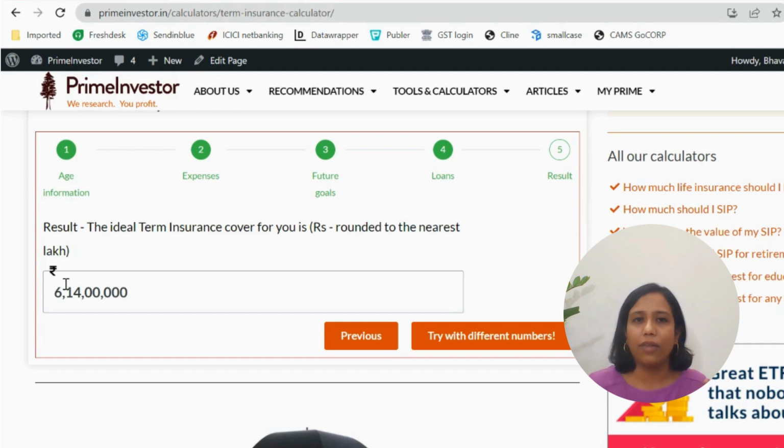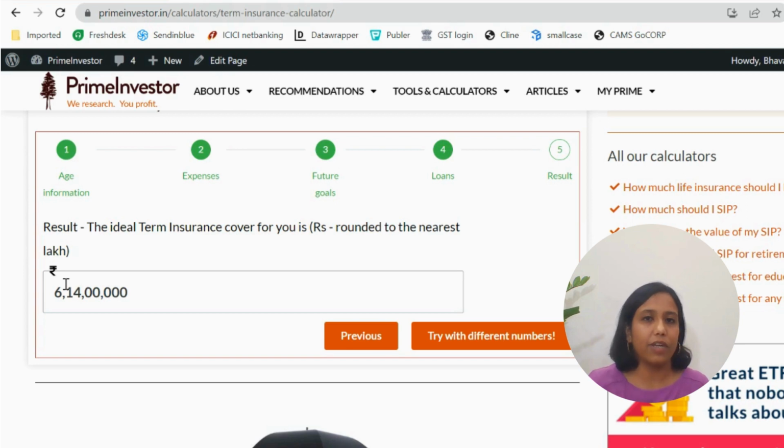These are numbers that you would already have, and this tool makes it very easy for you to calculate. So you can use this tool, arrive at your life cover, and bear in mind that this can be a changing goal. If your lifestyle changes, like suppose you take on a big debt or you pay off a big debt, or you don't have that many dependents anymore, for multiple reasons your cover might need to undergo a change.